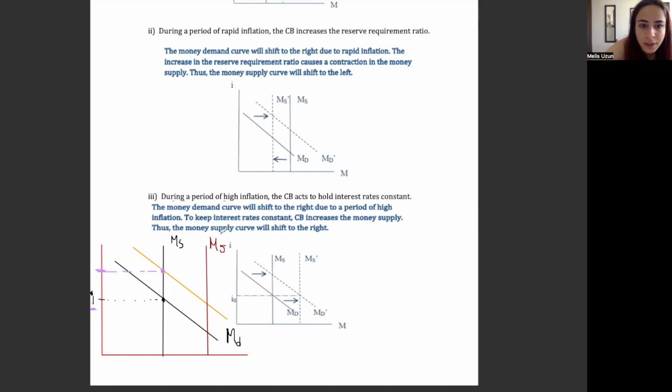Look at the intersection point of the new money supply curve and the new money demand curve. It is again here, so it is the same interest rate. So if the central bank wants to hold the interest rate constant, it should increase the money supply. So the money supply curve shifts to the right.